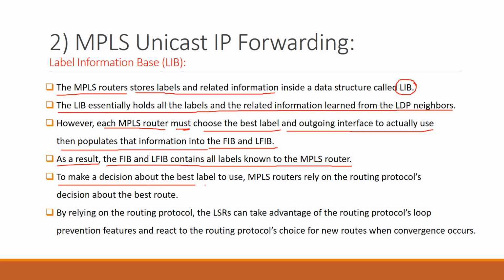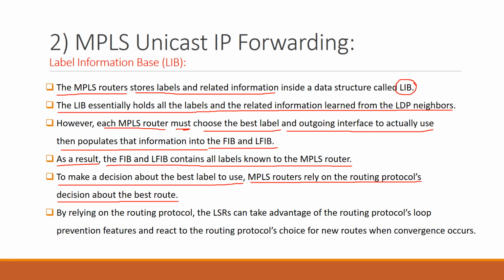So to make a decision about the best label to use, MPLS routers rely on the routing protocol's decision about the best route. Think about this: an MPLS router receives labels for a specific IP prefix from LDP neighbors. It doesn't know which one is the best.